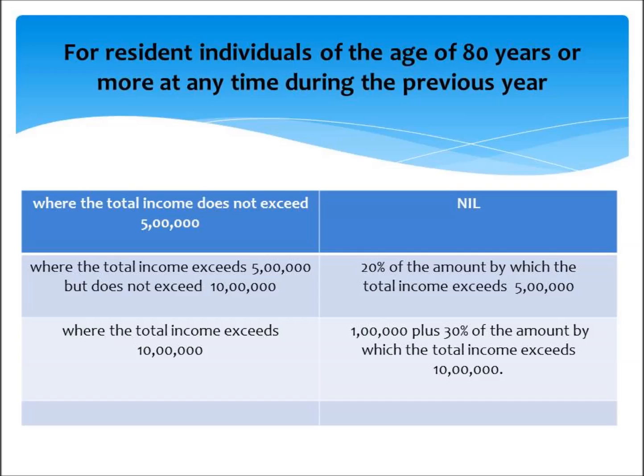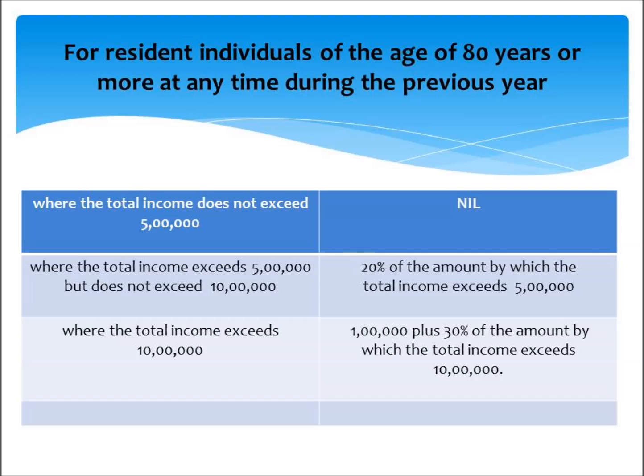So the logic and the procedure is the same, just that the basic exemption limit is changed and nothing else. And in this, one more change is that the 10% slab is not there and the taxation rate starts from 20% directly. So that is the only change from the other two tax slabs. All the other things remain the same.